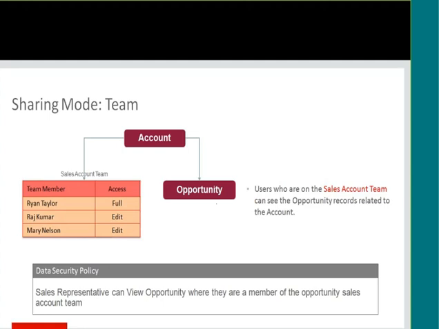If you go a little bit further, here you see account coming into the picture. The inheritance of visibility from the account follows through till the opportunity level. Users who are explicitly on the account team can see the related opportunity records, which we call team selling.